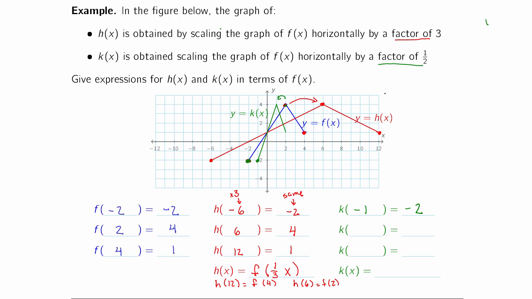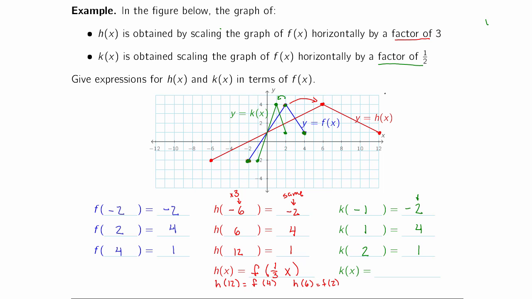The point (2, 4) on the graph of f becomes the point (1, 4) on the graph of k. The point (4, 1) on the graph of f becomes the point (2, 1) on the graph of k.